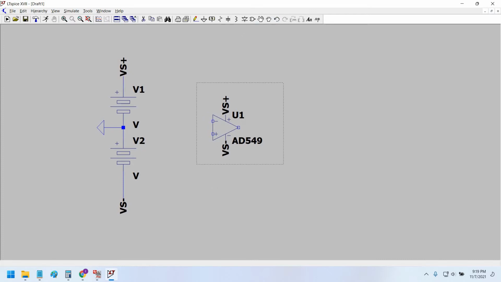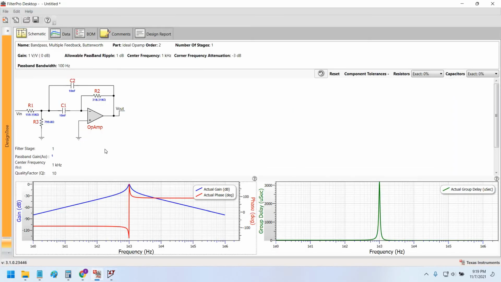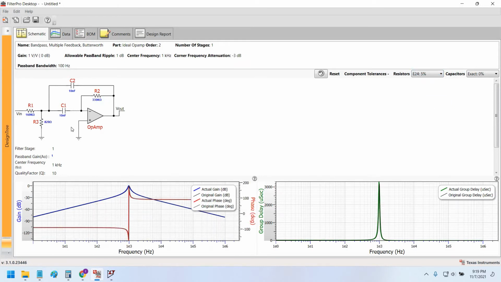Okay, now let's copy the circuit. Here we can keep the tolerance. We can set the tolerance of the resistors to be equal to 5%. Okay, so this would be much better and easier way to analyze the circuit.